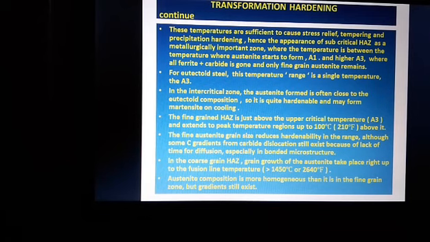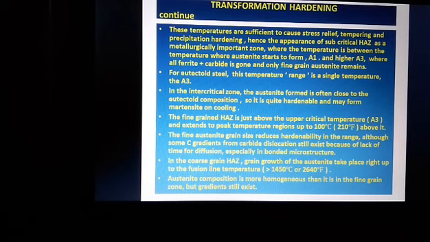The fine grained zone is just above the upper critical temperature A3 and extends to a peak temperature up to 100 degrees centigrade above it. The small austenite grain size reduces hardenability in this range, although some carbon gradient from carbide dissolution still exists because of lack of time for diffusion, especially in banded microstructures.